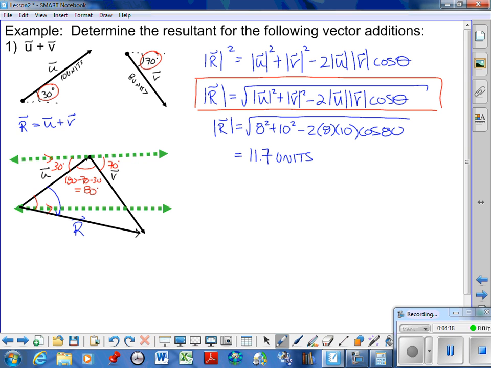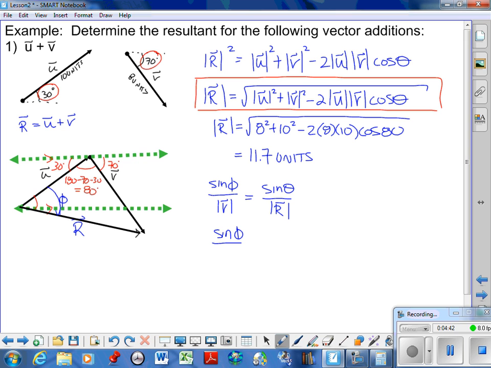So I am going to use sine of the angle I want, sine phi, so I'll label it as phi, divided by magnitude of v, the vector across from it, and that's equal to, and you always use the resultant vector, sine theta over the magnitude of the resultant. Okay, so sine phi is what I'm looking for.